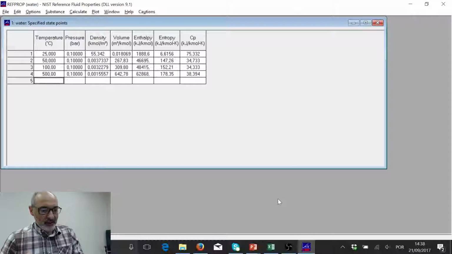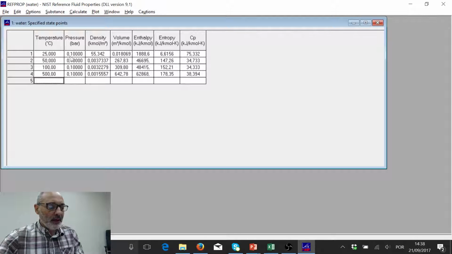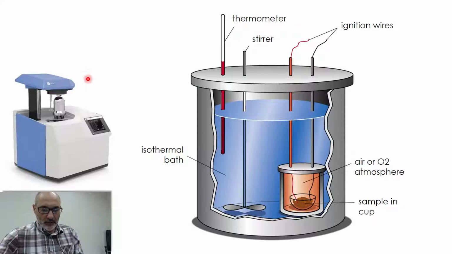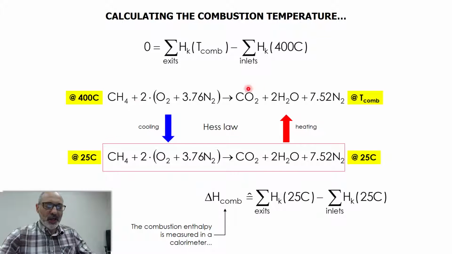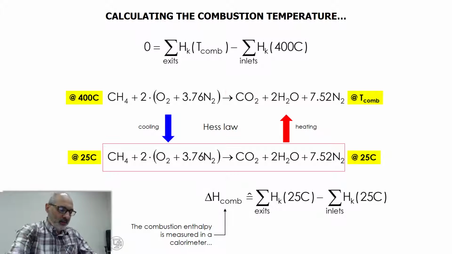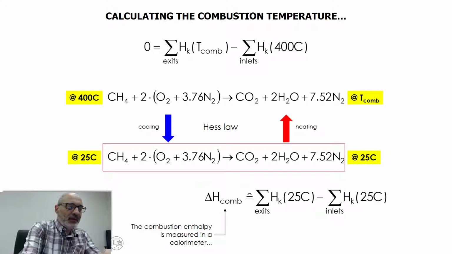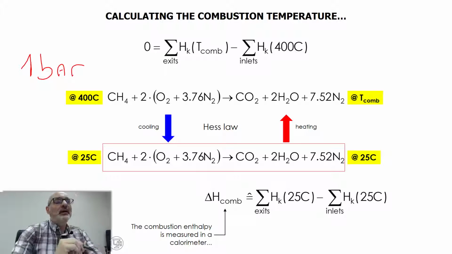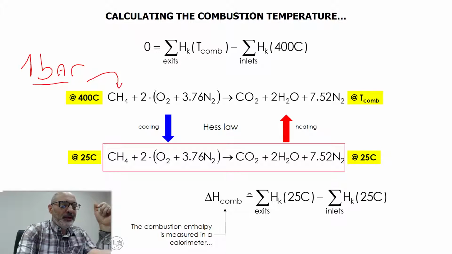Oh, yes, just an observation. Why am I fixing a pressure as low as 0.1? Because, you know, suppose that this reaction is taking place at, let's say, 1 bar, okay? Everything is at 1 bar, atmospheric pressure. 1 bar is the sum of the partial pressures of all components.